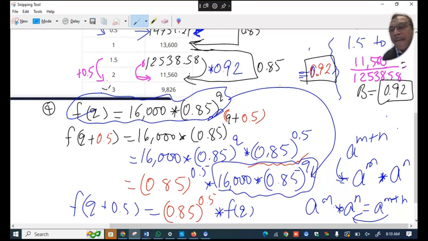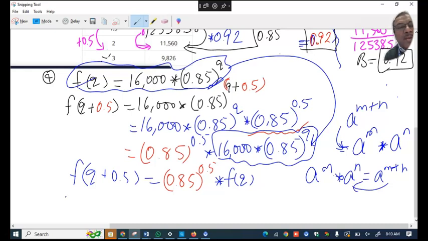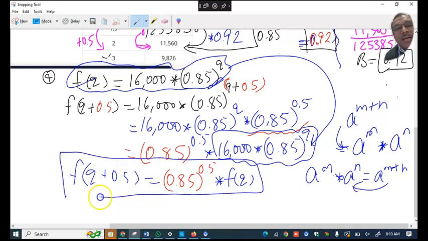So basically this is a kind of a new rule now. The question was just an example to give you a sense. Suppose you knew f of 4 years.